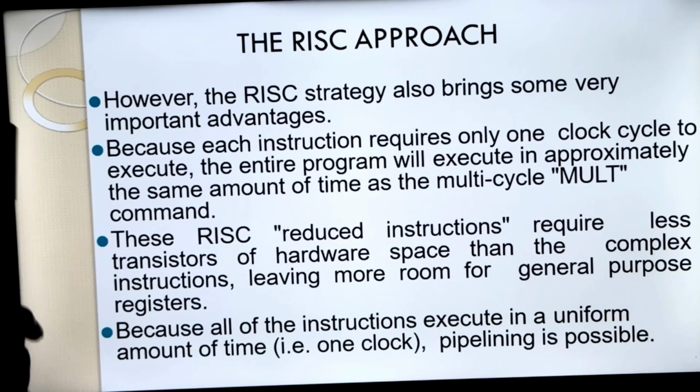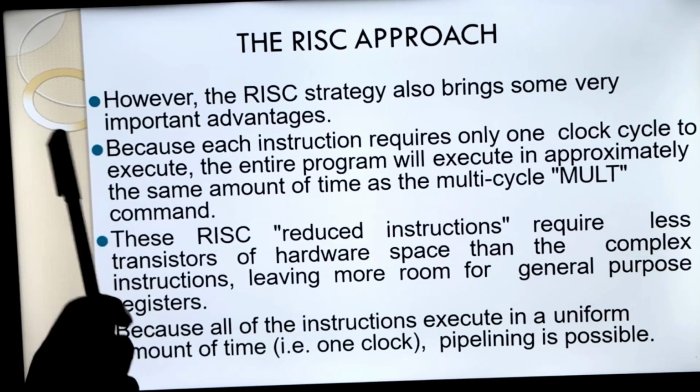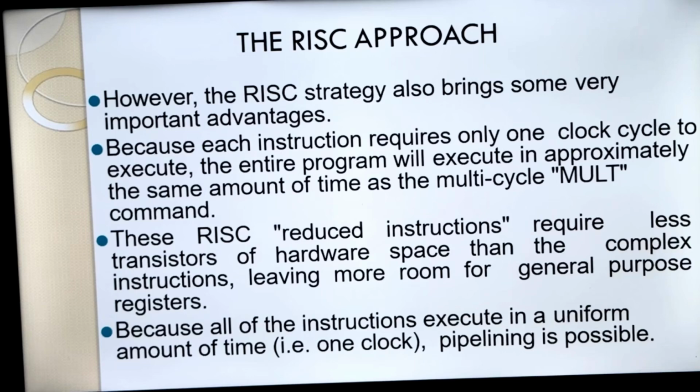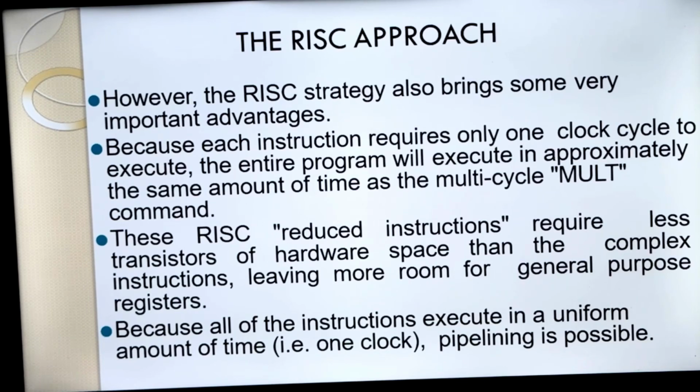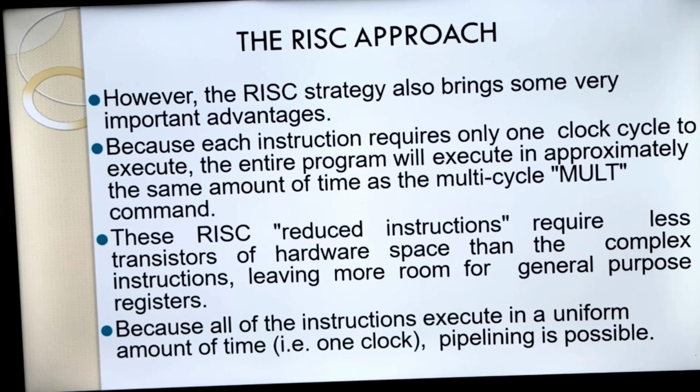In one clock cycle, one instruction can be executed in RISC, but in CISC it may not be possible. In CISC, it may take 3, 4, 5 clock cycles to perform a single instruction. But here, one clock cycle is sufficient to execute a single instruction.